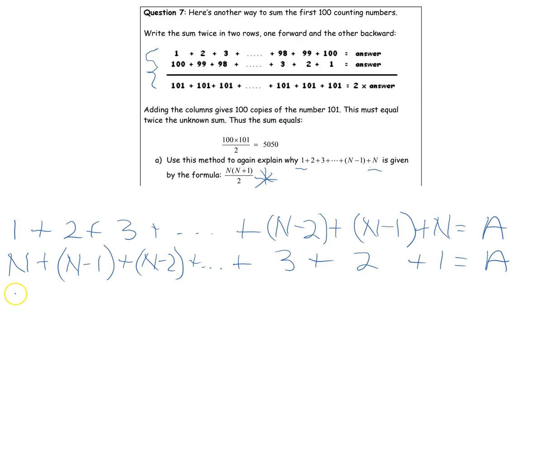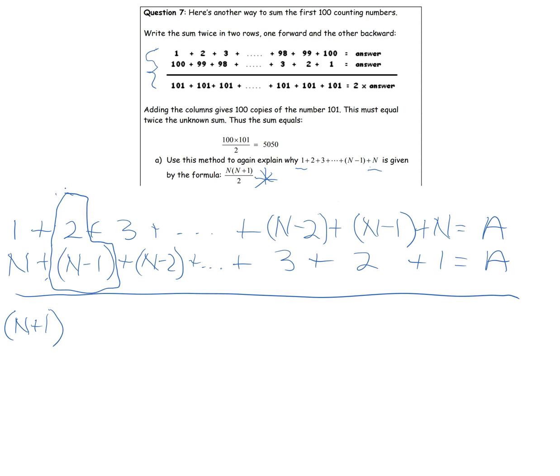So what we want to do is add up all this stuff in columns. On this first end, we're going to have n plus 1. And then here, if we add up 2 and n minus 1, we're taking n, we're subtracting 1, but we're adding 2.